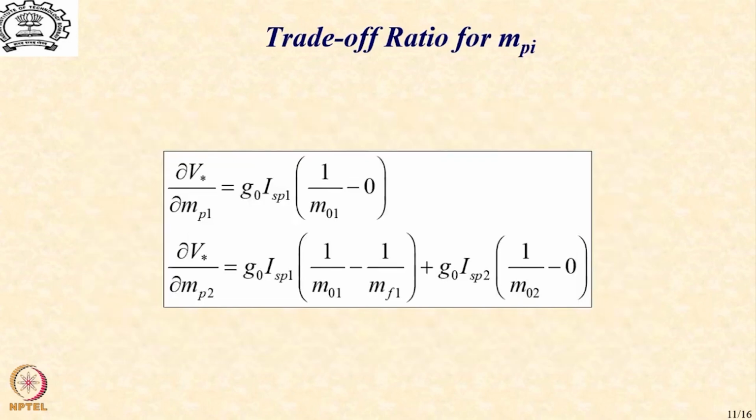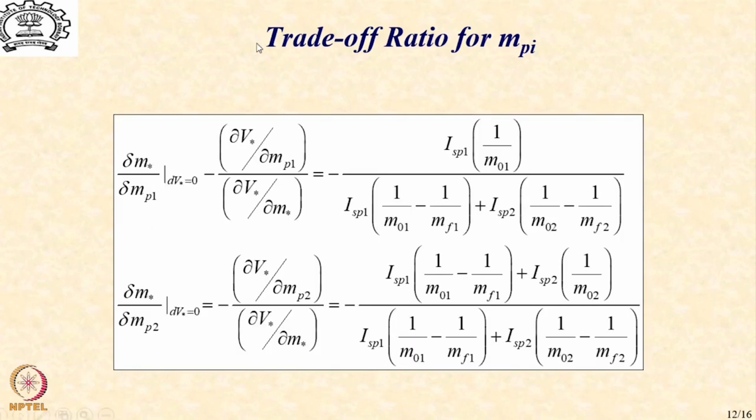Let us now do this exercise for the propulsion mass. I'm not going to go through the details. We can again generate the derivatives dv star by dmp1 and dv star by dmp2, and we already have dv star by dm star, and so we can take the ratios directly as we have seen earlier.